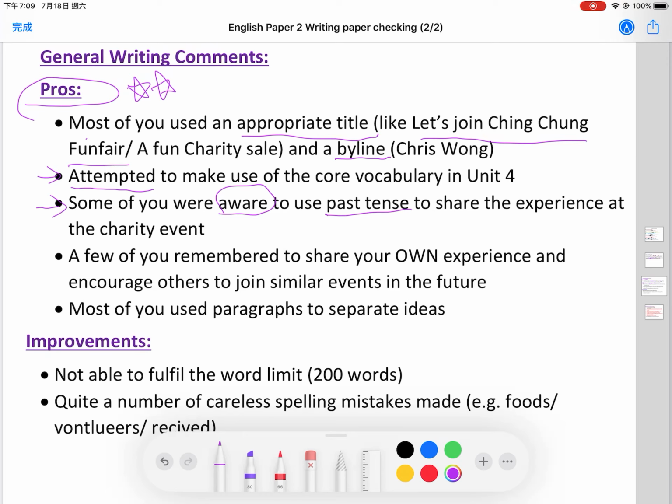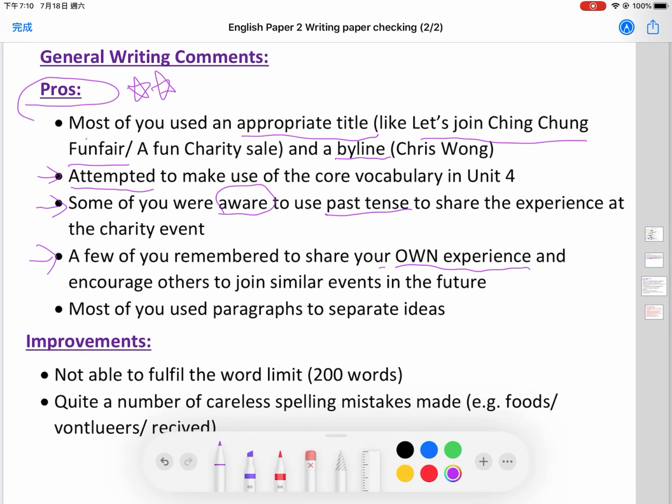Now, we are not talking about... okay, I am very impressed by your awareness of using the past tense, okay, even though the usage and sentence structures may not be right, but that's a very good attempt again. Now, a few of you remembered to share your own experience and encourage others to join similar events in the future.